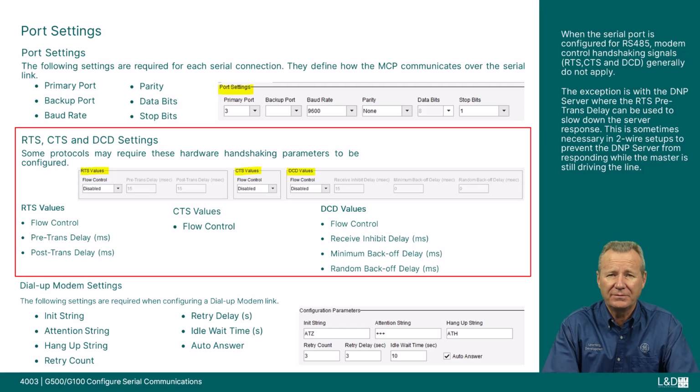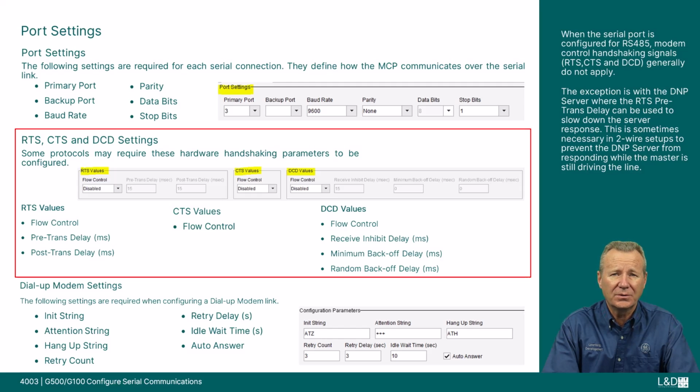The default is 15. Minimum backoff delay specifies the minimum backoff delay in milliseconds. The range can be 1 to 65,535 milliseconds, and the default is 15. Random back-off delay specifies the random back-off delay in milliseconds. The range can be 1 to 65,535 milliseconds, and the default is 15.